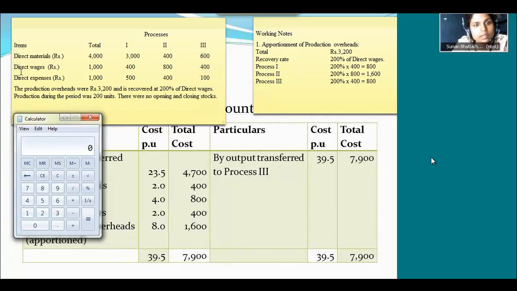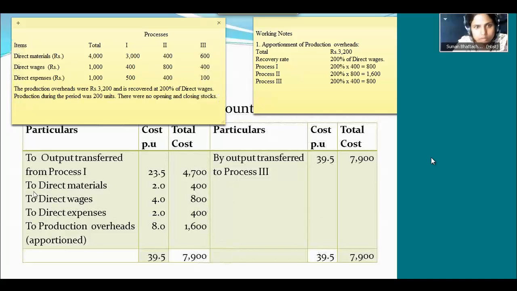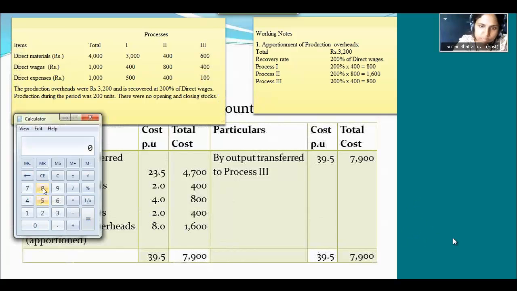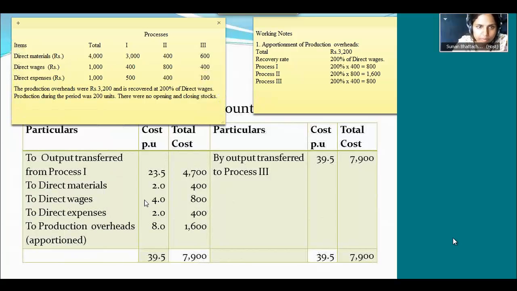Now next, direct wages for process 2 is 800. To find out the cost per unit, 800 divided by 200, so it comes rupees 4. Next, direct expenses for process 2 is 400.